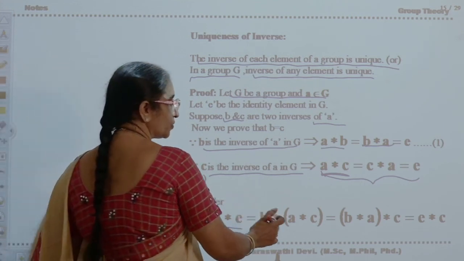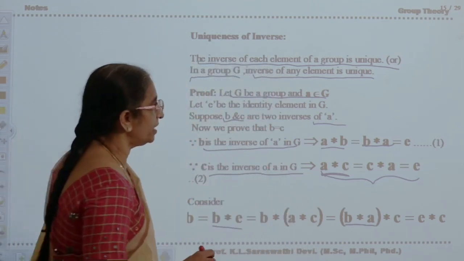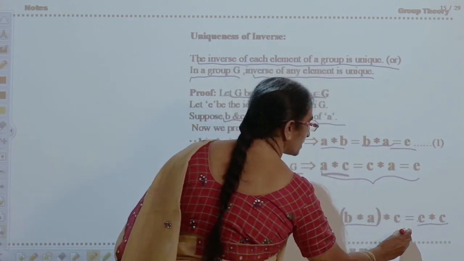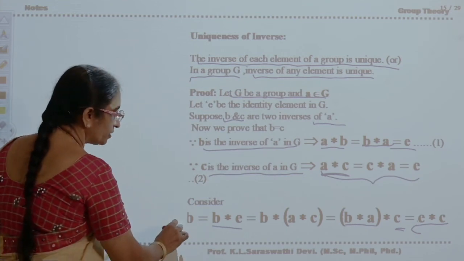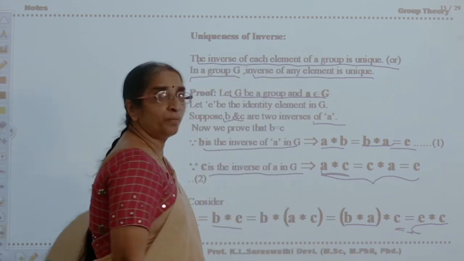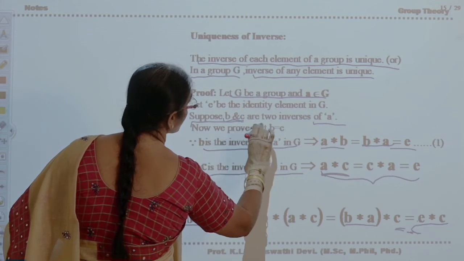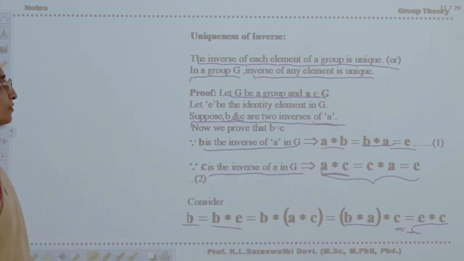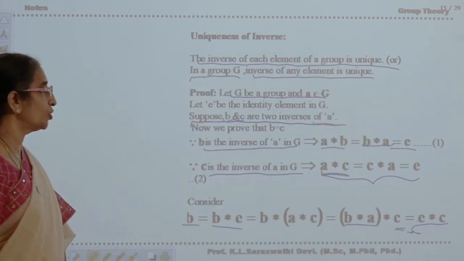This will be equal to B star A, star C. But what is B star A? It is equal to E. So this is E star C, that is equal to C. So you started with B, and you are able to say that it is equal to C. But what you have assumed, B and C are the two inverses of A. But what you got, B is equal to C. Therefore, you can say that the inverse of each element of a group is unique.